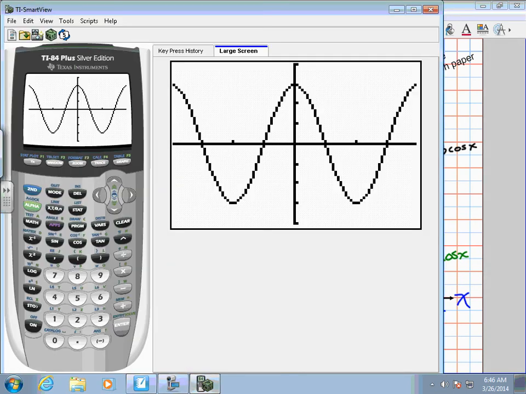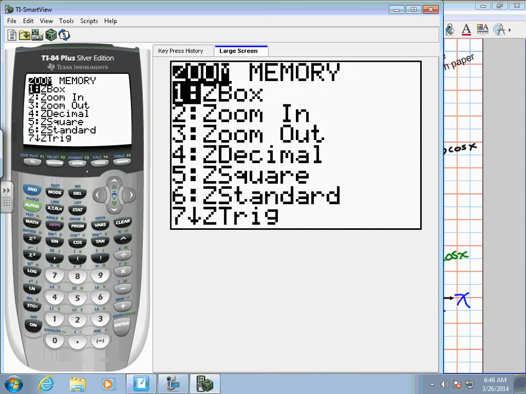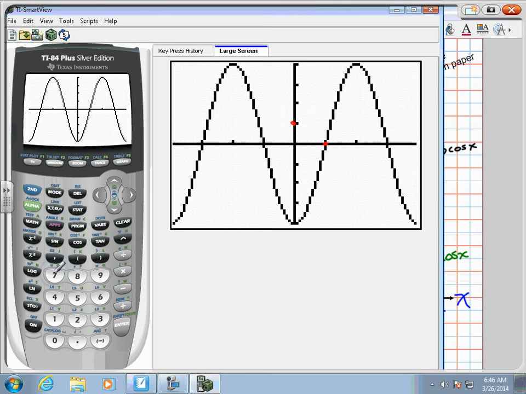But we can check that out real quick in our calculator. Let's go over here and delete that. And instead of having a positive 3, let's put in a negative 4. Now again, I'll hit zoom 7. Okay, so our base function was here.